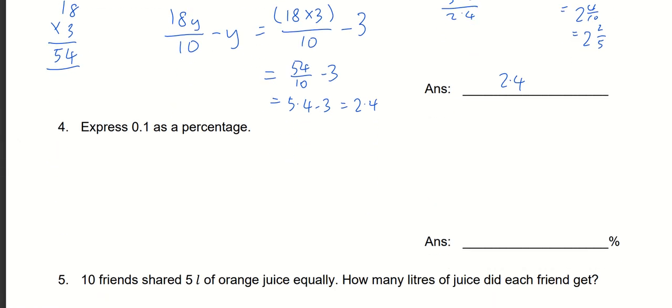Okay, question 4, expressed as a percentage. So I could do it straightforwardly as 0.1, expressed as percentage times 100%. Okay, or I can convert this into a fraction first from the decimal. So 1/10. Then I would like to convert this into base 100.